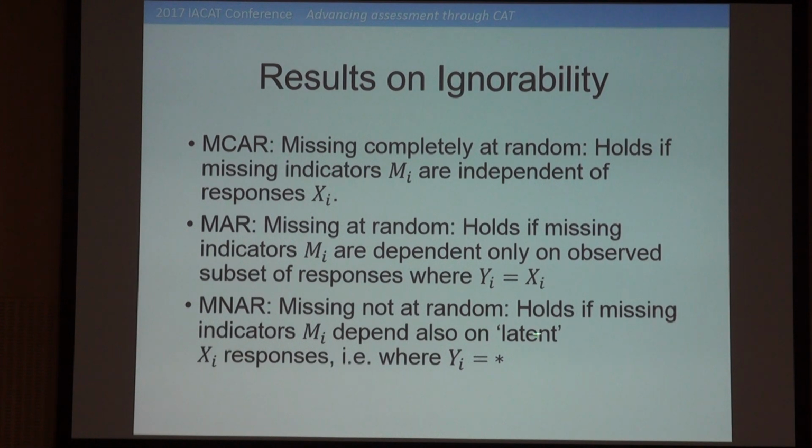Missing not at random is if the missing data indicators depend on those latent responses as well, also where we don't observe the data. So in very simple words, there's good indication that this missing data is actually ignorable because we see those previous responses and we decide whether we go on or not only based on the previous responses, not on anything latent, not even on a theta estimate or anything.